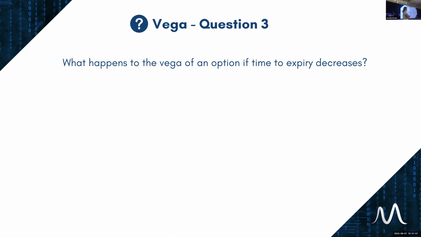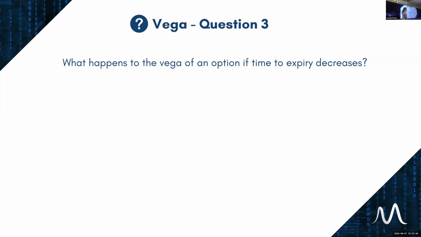So let's say your time to expiry decreases. And that's kind of like volatility decreasing. What do you think can happen to Vega? Yes. I think there will be less time for the volatility to act on the option. Yeah. Which means it should decrease. Yeah, that's it.